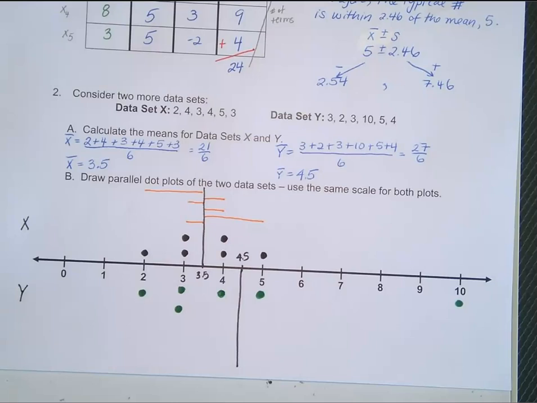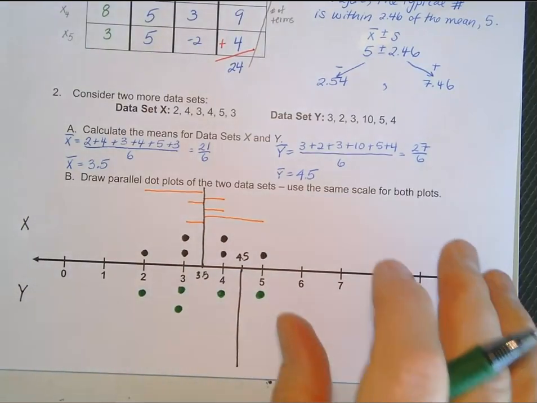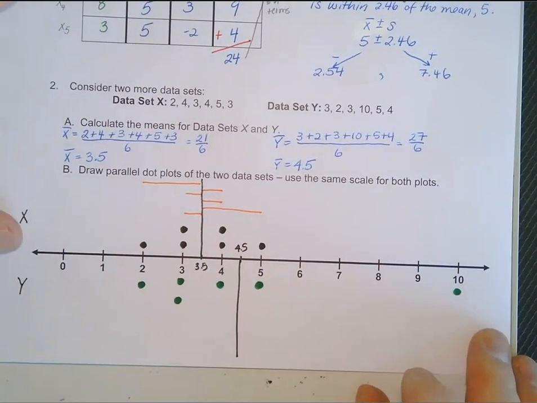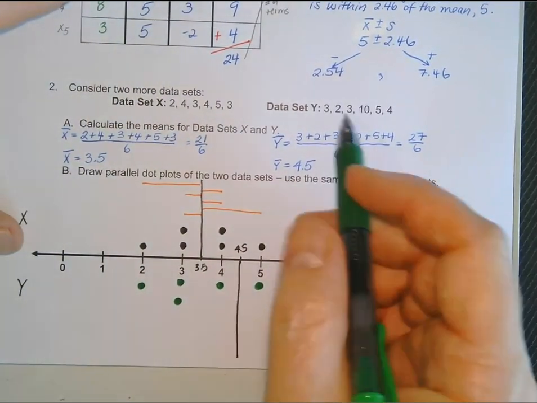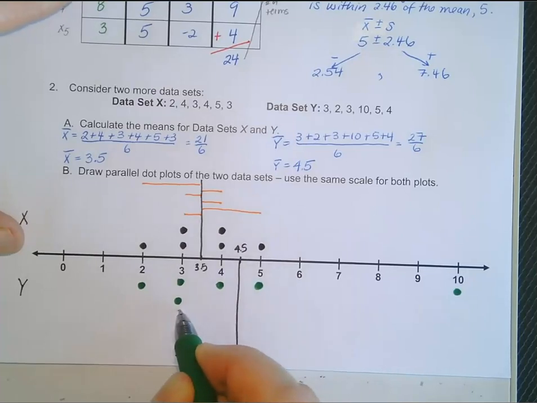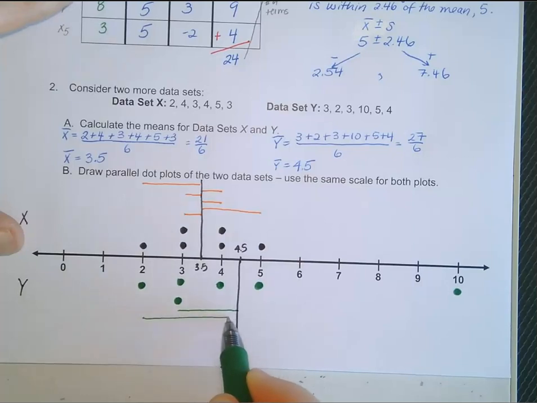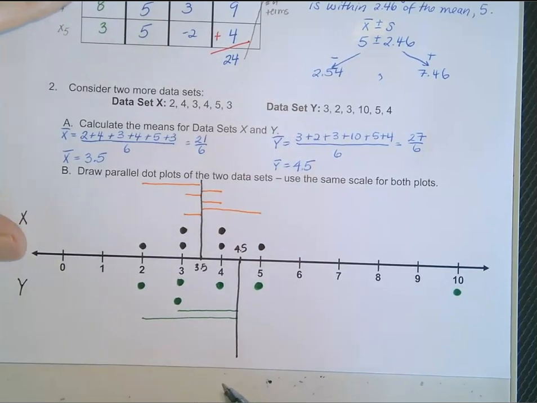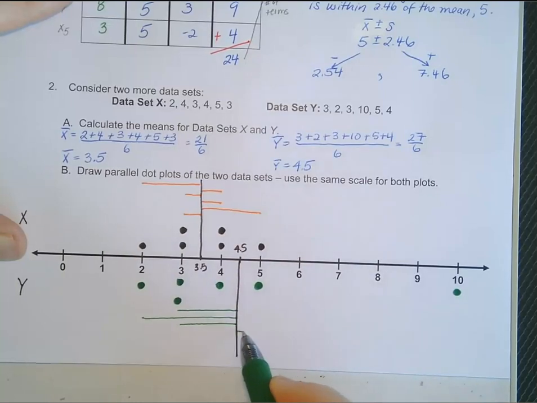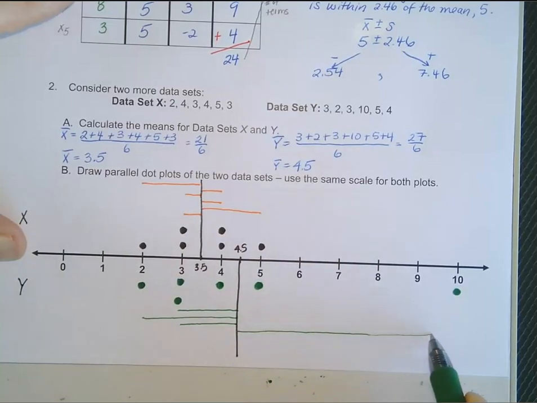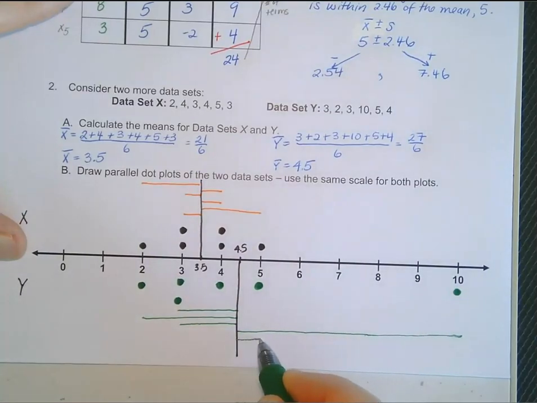Are we okay with that? Yeah? Okay. And then for the second one, I'm just going to go in order. The first one is a 3, and then a 2, then a 3 again, a 10, a 5, and then a 4.